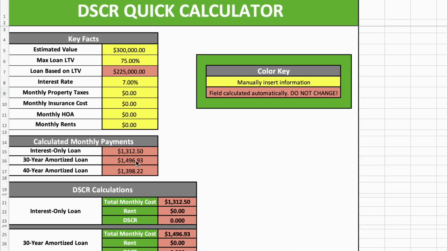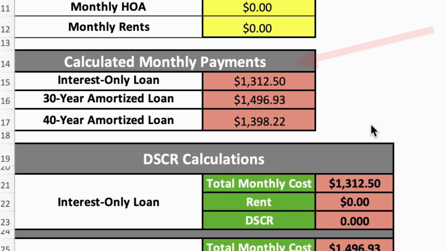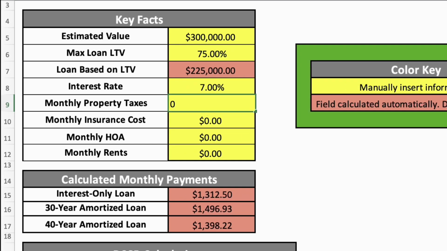Now what this software does, as you see, is calculate the payments on three different products: interest only, a 30-year amortizing loan, and a 40-year amortizing loan. You'll see that down in the calculated monthly payments, listed one right after the other. Now that we have the mortgage payments, let's look at the other expenses, starting with property taxes. Let's use a factor here, just to make it simple, of $150.